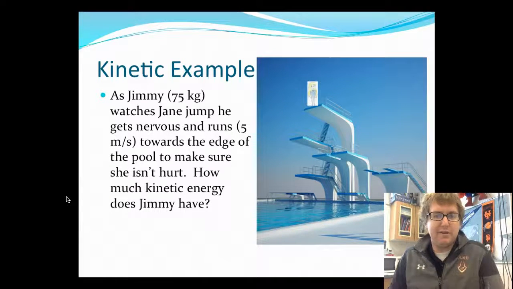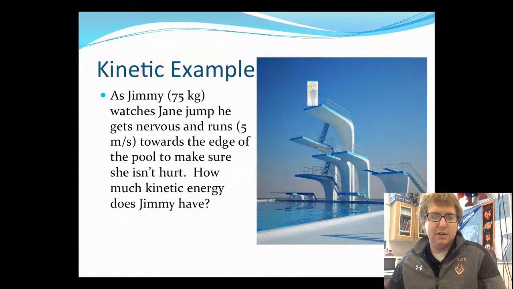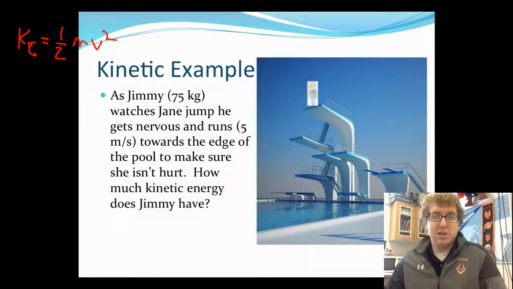Okay, so here's our kinetic example. As Jimmy, 75 kilograms, watches Jane jump, he gets nervous and runs 5 meters per second towards the edge of the pool to make sure she isn't hurt. How much kinetic energy does Jimmy have? Remember, kinetic energy is equal to 1/2 times the mass of the object times its velocity squared. In this case, Jimmy is our object, so 75 is our mass, times 1/2, times its velocity squared.